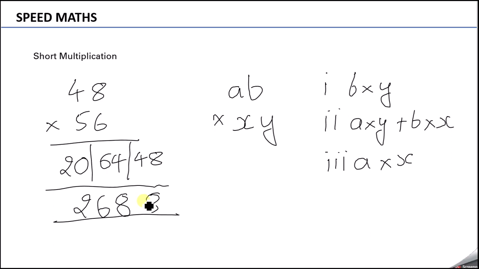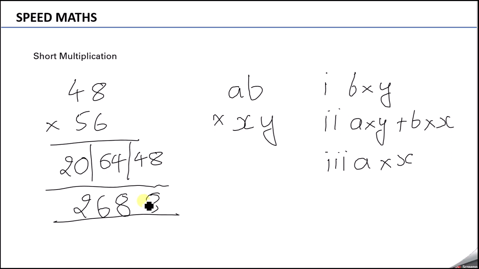But when we go to three-digit, four-digit multiplication, trust me, the long multiplication would take you forever to get to the answer. But this will give you the answer within a few seconds if you practice this method from now on. So you just have to give up your long multiplication method going forward and practice this for any type of multiplication, and you will be very comfortable with this method.